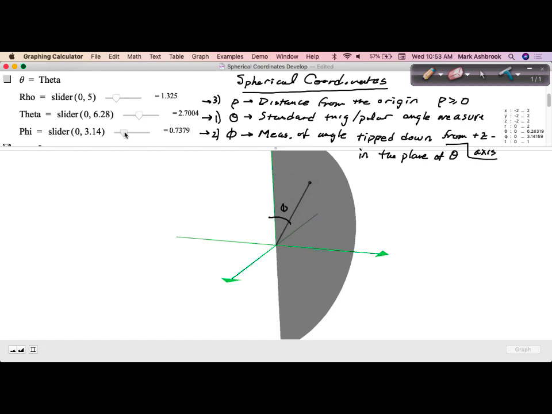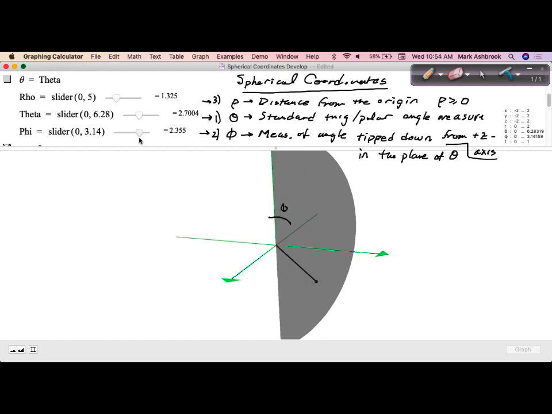So what does phi equals pi over 2 mean? The XY plane, right? We were shooting out horizontally. And then greater than pi over 2? Below the XY plane. So the greatest angle can be is pi. So phi equals 0 is the positive z-axis.